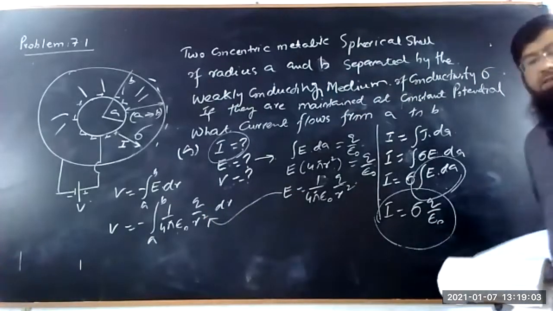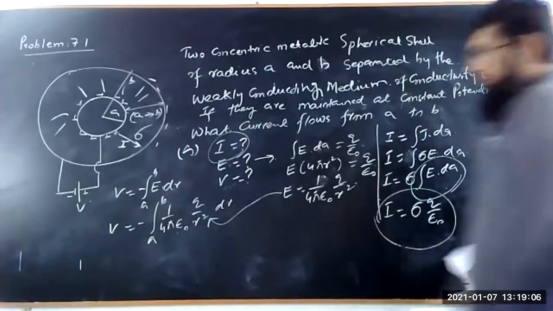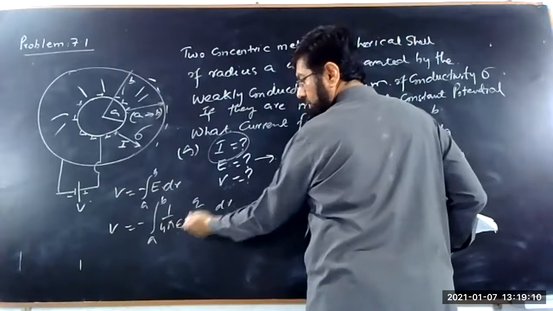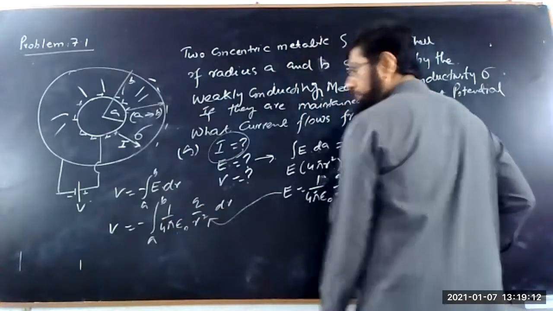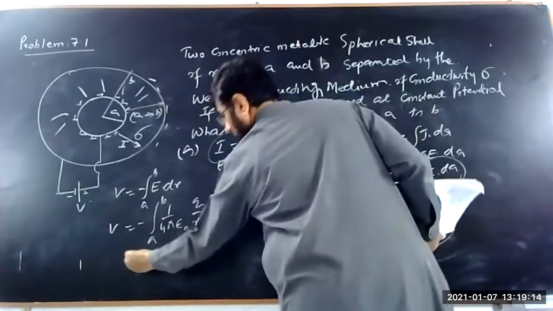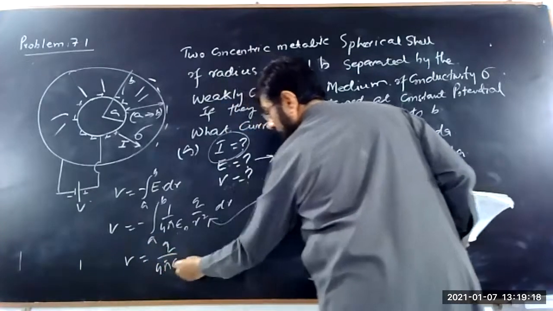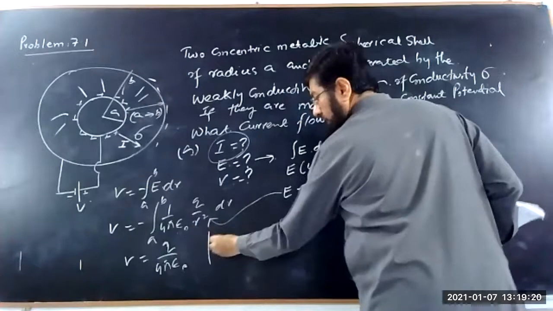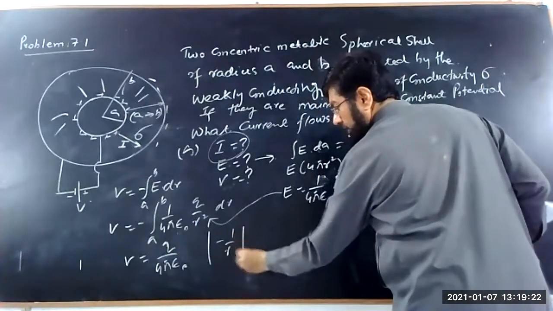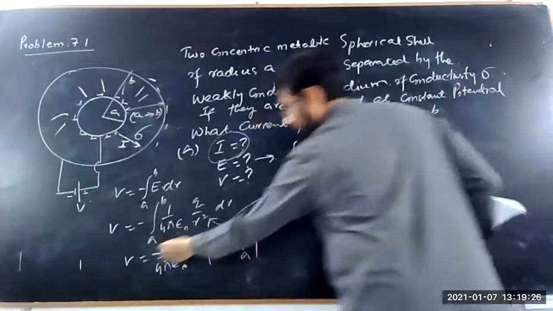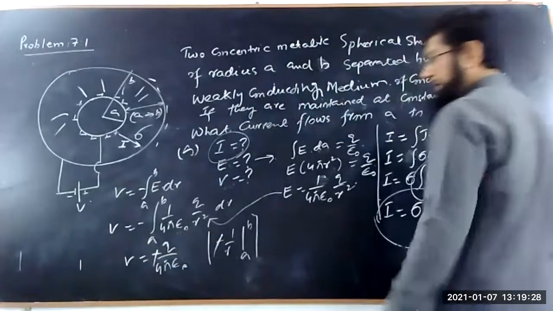We have just substituted the value of E. So these are all constants: Q upon 4 pi epsilon naught is constant. The integral of 1 upon r square is minus 1 upon r, from A to B. Here minus minus gives plus.